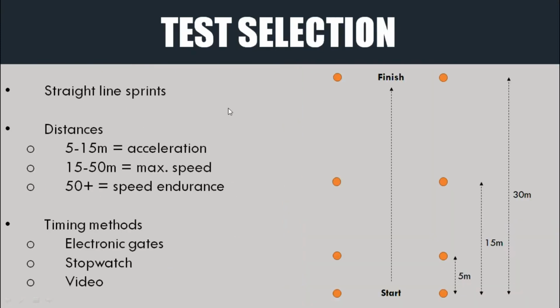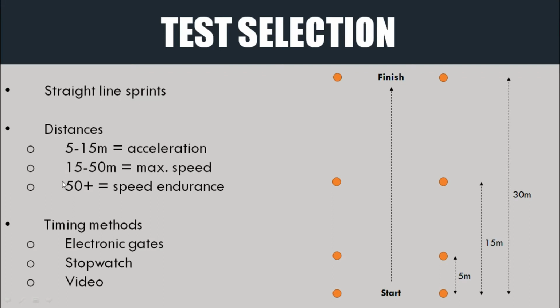So in terms of the test selection, what test are we going to use to measure linear speed? Obviously, we're going to use a straight line sprint, so that's pretty obvious, but what is not obvious is the method, the timing method we're going to use, and then the distance that we're going to cover. So, as a rule of thumb, we have distances of about 5 to 15 meters that we're going to measure, which is going to be measuring acceleration.